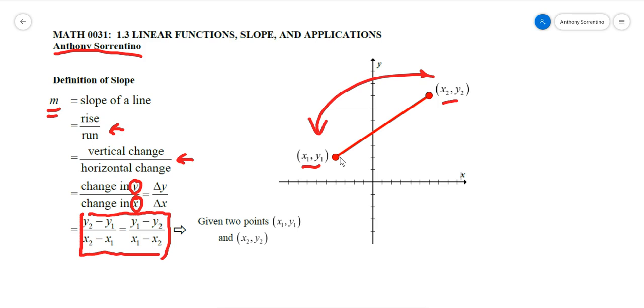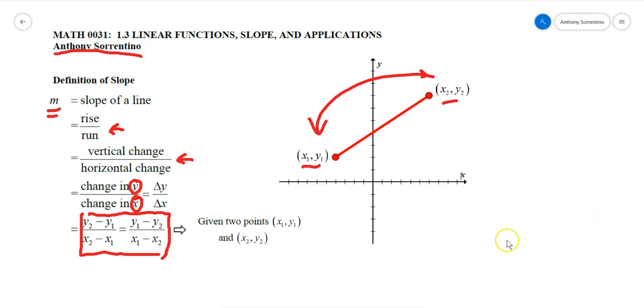If I carry through the subtraction of the y coordinates on top, because remember the y's are on top, y's rhymes with rise, and I subtract the x's on the bottom in the same order, which means whichever y coordinate I took first in my subtraction on top, from the same ordered pair, I take the x first on the bottom. And that's going to help me calculate my slope. So it's a pretty simple formula. It's just one that a lot of students will often confuse.